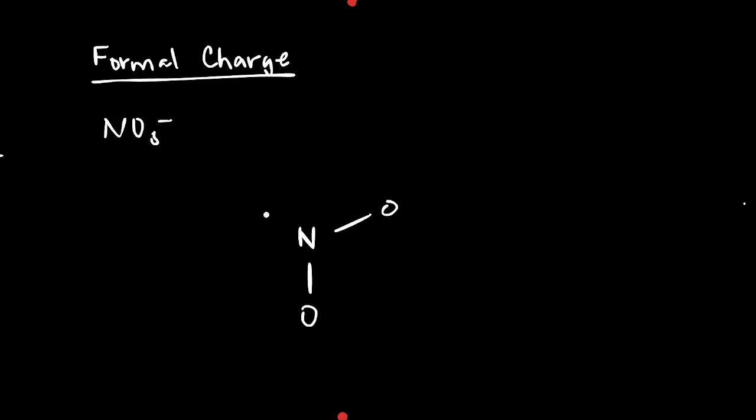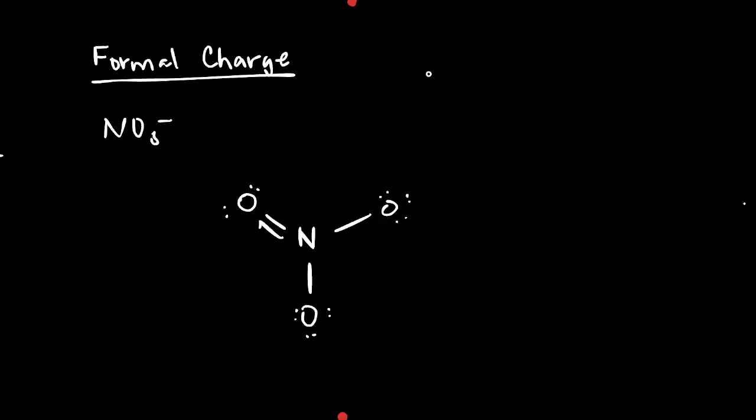Obviously, we know that one of these has to have a double bond in order to satisfy the octet, and this is going to have 3 lone pairs, and so is this. But this oxygen is going to have 2 lone pairs. So it's important that we know what the formal charges of the different atoms in this molecule are.